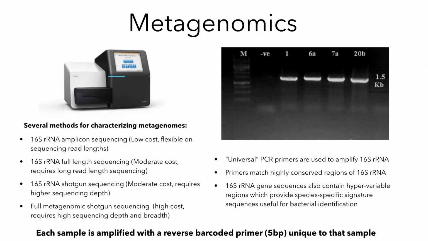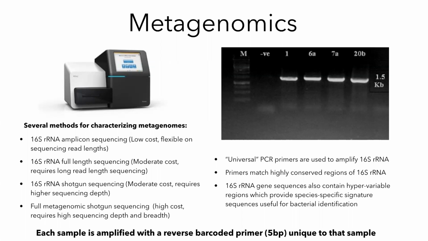16S ribosomal RNA is one of the lower cost, and it is also typically used to understand taxonomic classification and composition of a microbiome. Full-length sequencing, 16S ribosomal RNA full-length sequencing, meaning we are sequencing the full 16S ribosomal RNA. When we talk about amplicon sequencing, we're talking about amplified regions of that sequence.